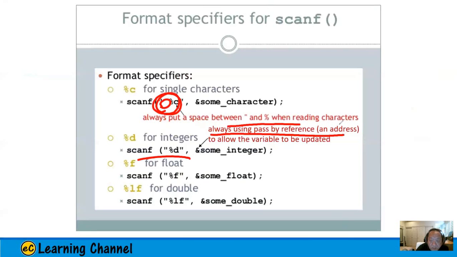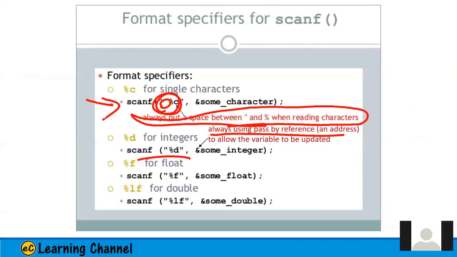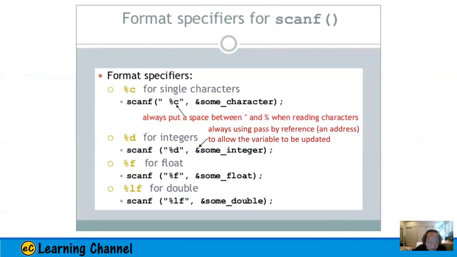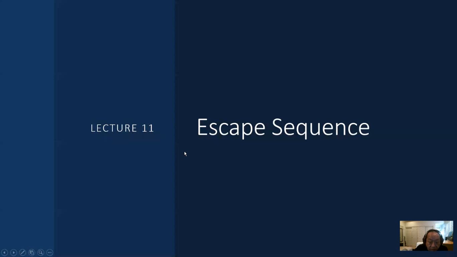Remember, for a character you need to put a space in there. Okay, and then integer, float, long, double float, not for double type. So this is next double, next float, next integer. You can always come back to here to study which one you want.